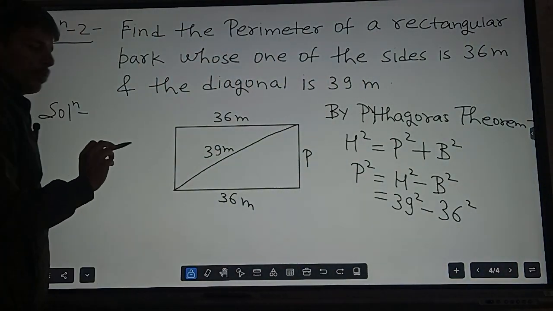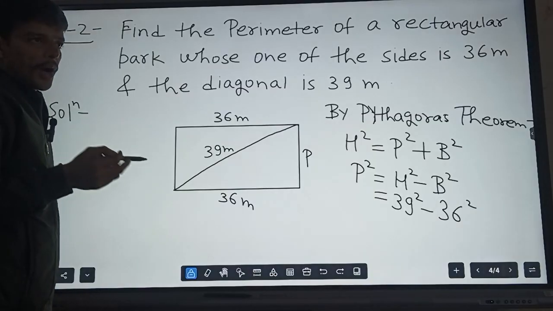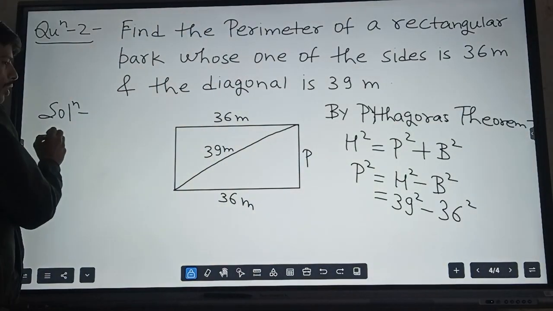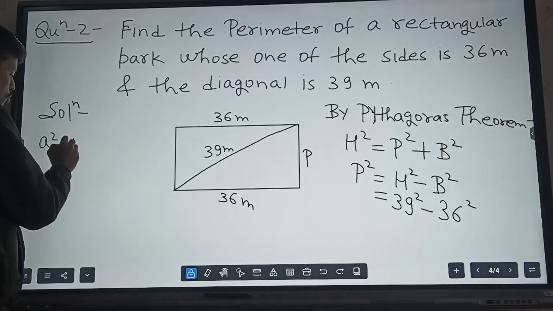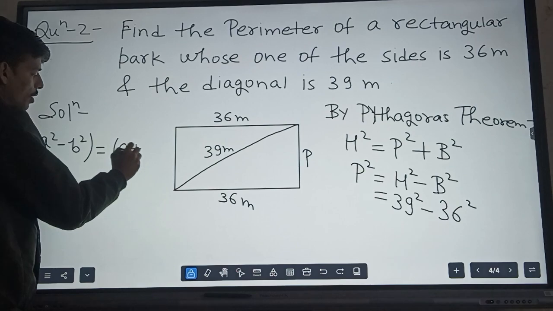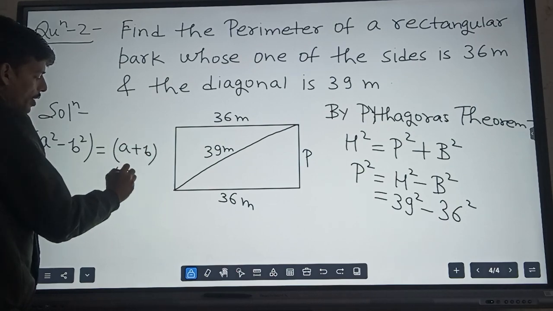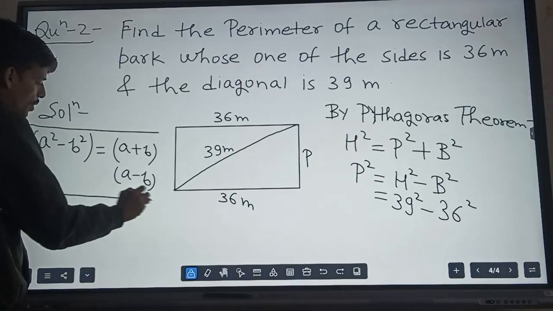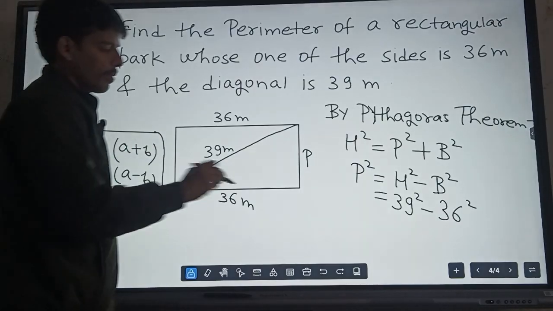Now we find the value and we use an identity. We know that a square minus b square equals a plus b times a minus b.